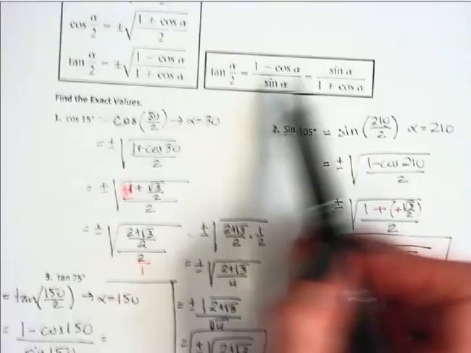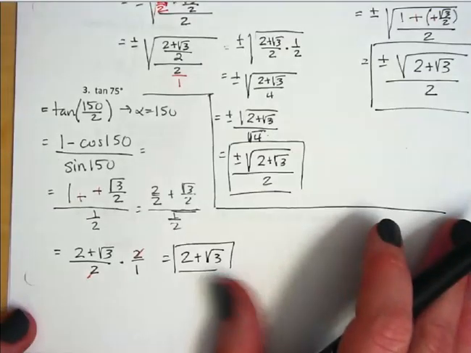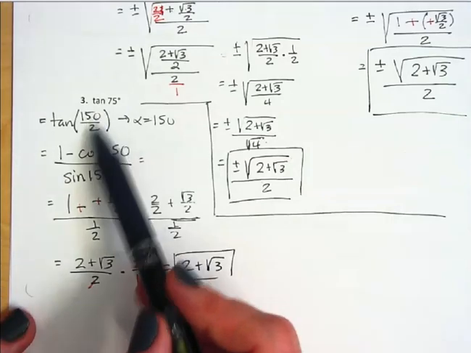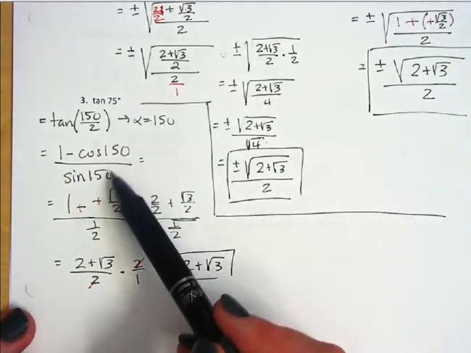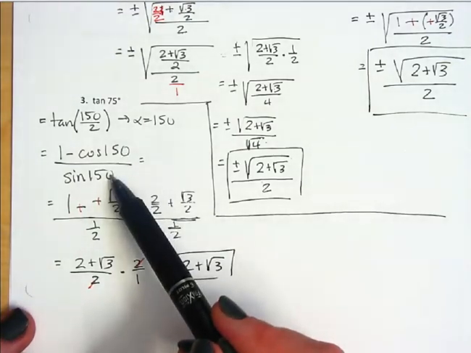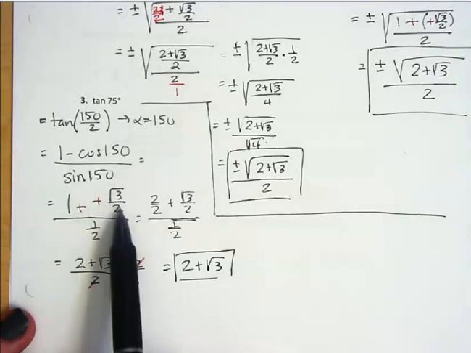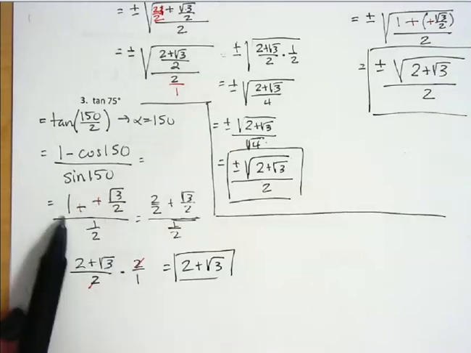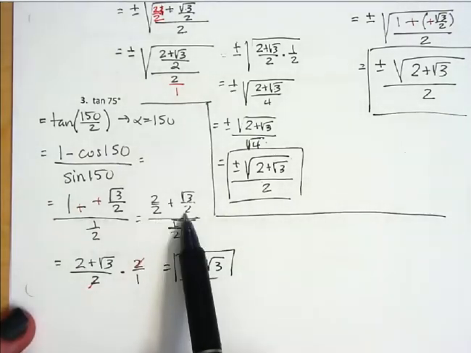All right, I chose to use this formula right here for tangent. So 75 is 150 divided by 2, so that means my alpha is 150. So I plugged 150 in wherever I saw alpha in the formula. That gave me 1 minus a negative rad 3 over 2. Minus negative becomes a plus plus. I rewrote 1 as 2 over 2, so my denominators would match.